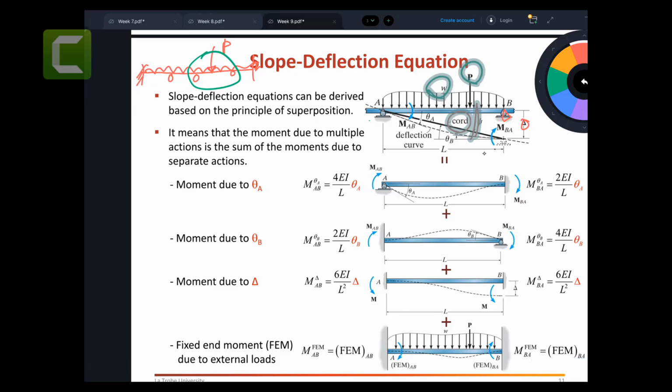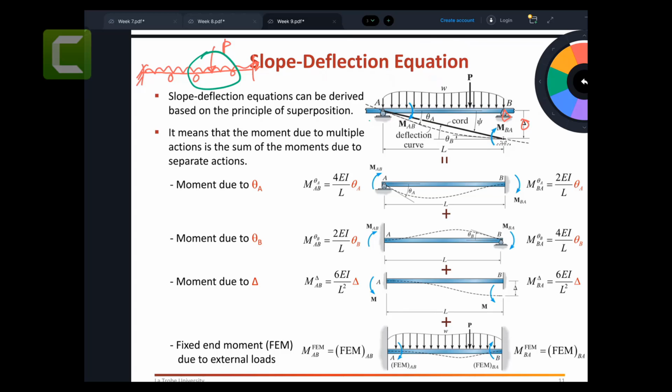Now the question is, we'd like to develop the moment displacement equations, like the slope deflection equation, for this beam. We'd like to develop general equations that we can use for any case.